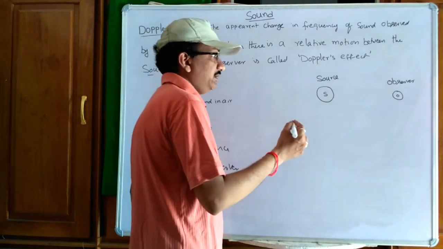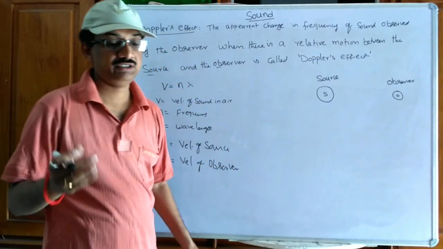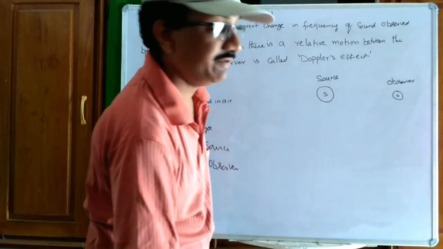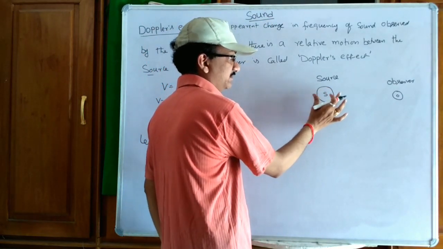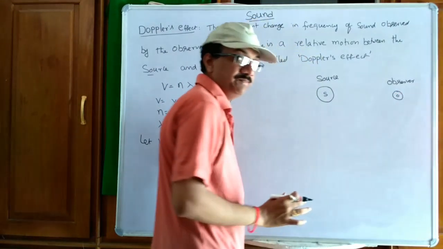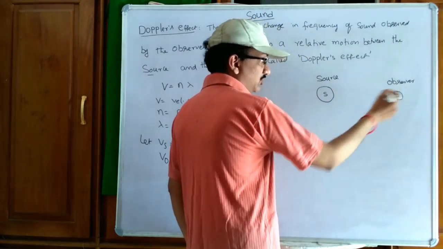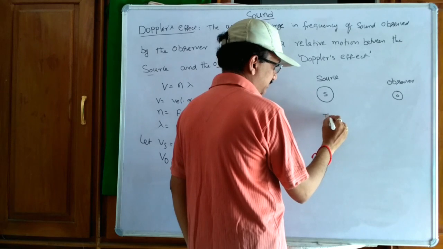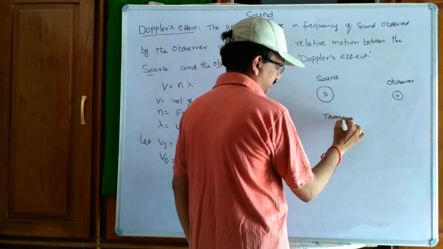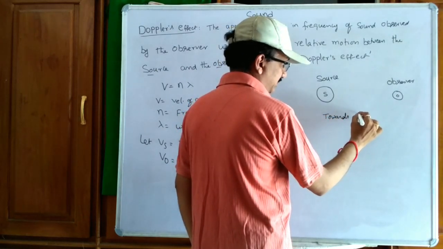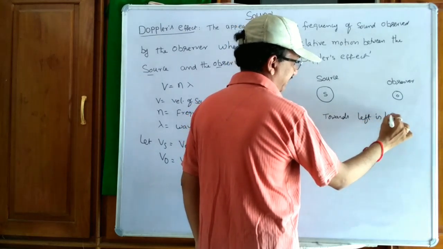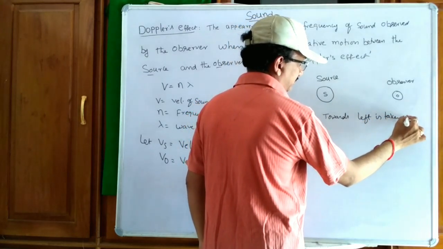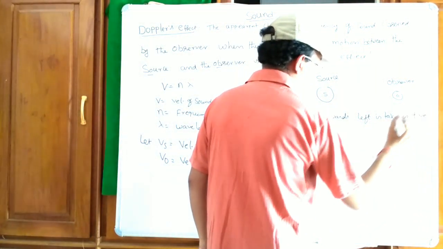Here we have to remember a thing which is not prescribed in any textbook or any videos: whenever the source is here and the observer is here, any one of these two objects moving towards the left is taken as positive.